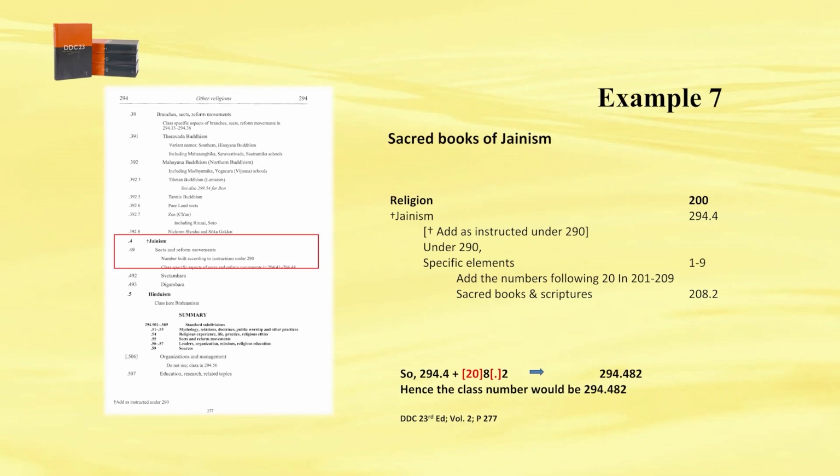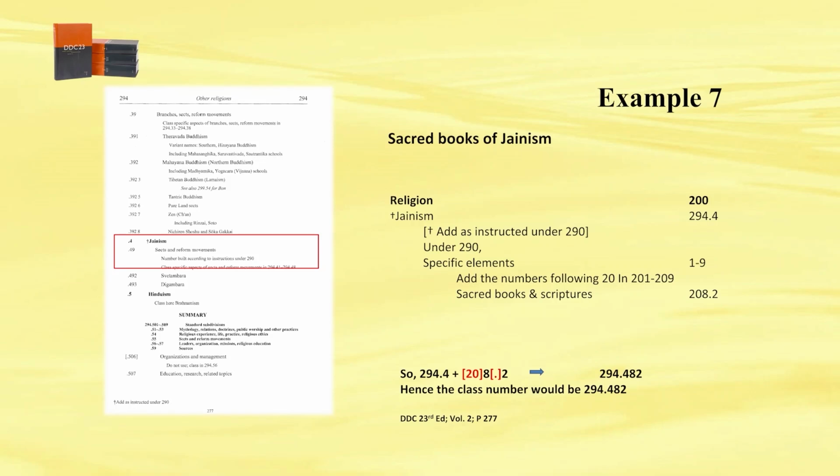There in 208.2 we have found sacred books and scriptures. Remember, this 208.2, the number for sacred books and scripture, is irrespective of any religion. When we add this number with Jainism, then it will be the number for sacred books and scriptures of Jainism.